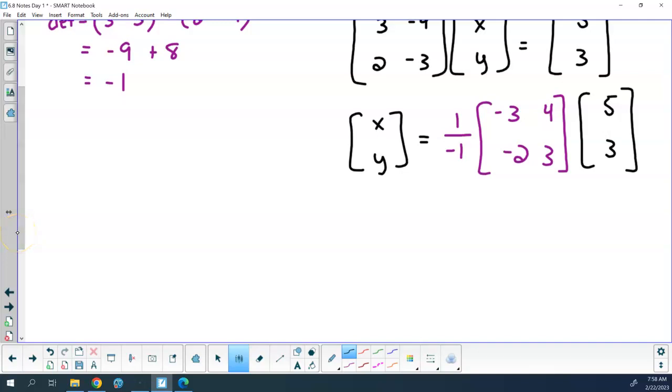It's going to give me a 2x1 matrix. The reason I know is because it's got to equal the left side of the equation, which is a 2x1 matrix. So we're going to have 1 over negative 1 times negative 3 times 5, 4 times 3, first row, first column, negative 2 times 5, plus 3 times 3, second row, first column.